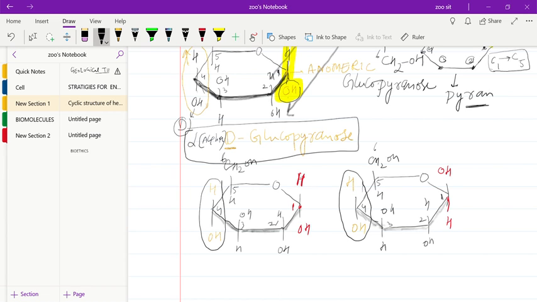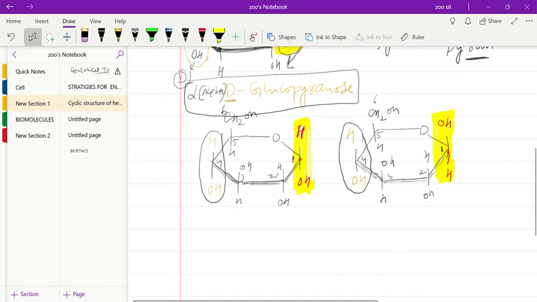So here we find the difference between the two. Look at this, see this OH and see this OH here. This is the difference. Both of them are D-glucopyranose molecules, but in one of them this OH and this OH are on the same plane.